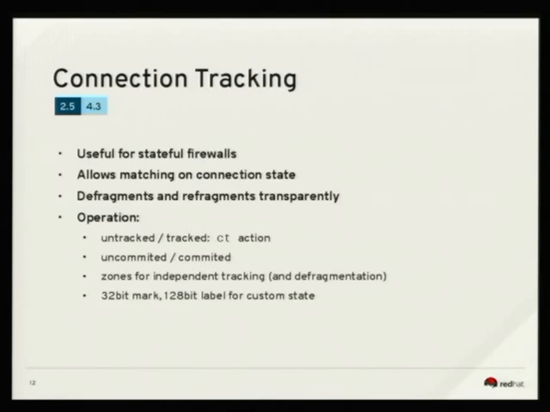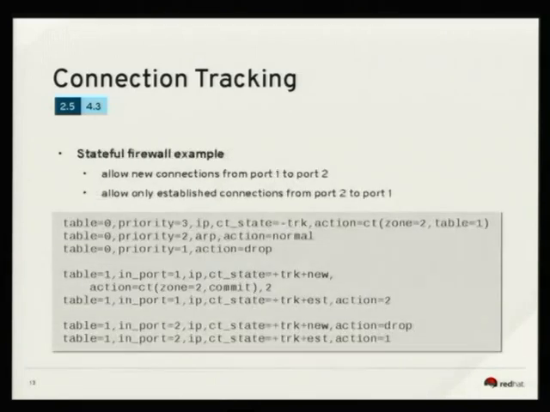So you can specify an actual zone. A zone is a number, and it's a kind of namespace for connection tracking, so it's independent for different zones. You can also set a mark or label. That's a custom number that you can store with the connection and later retrieve and match on. So it's like metadata stored in the connection table.